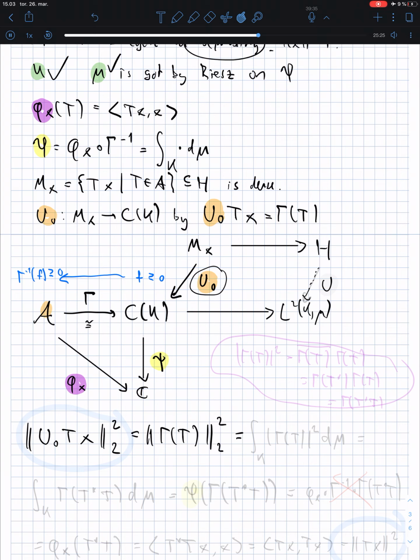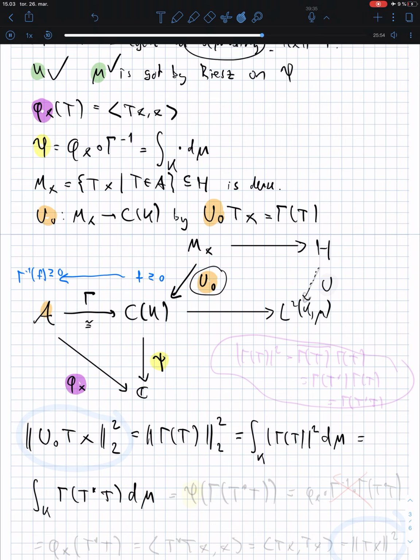So what is that? That is the integral over K of |gamma of T| squared d mu. But going on until the next line, this is the integral over K of gamma of T star T d mu, right?